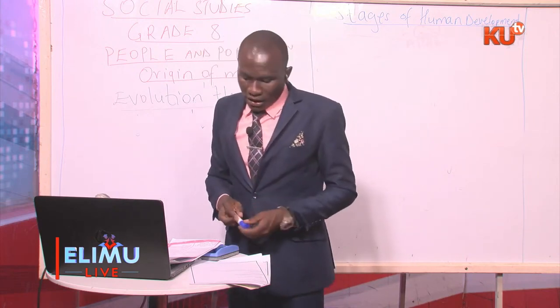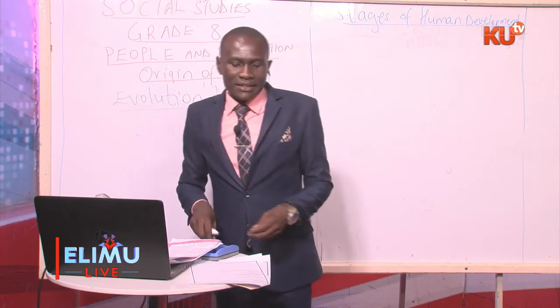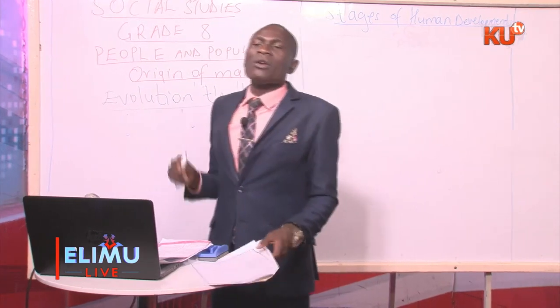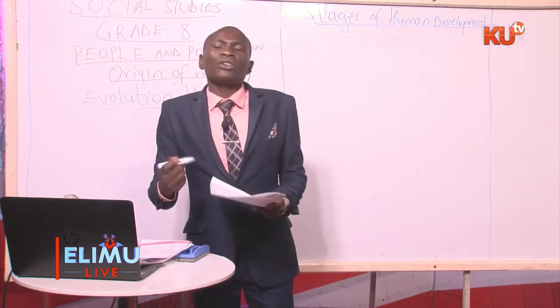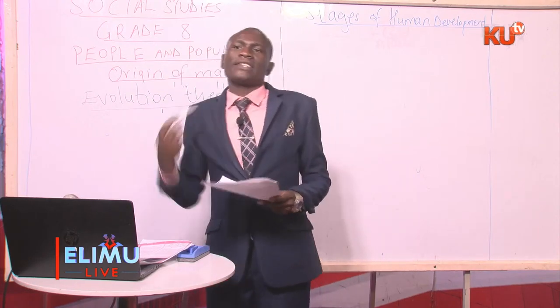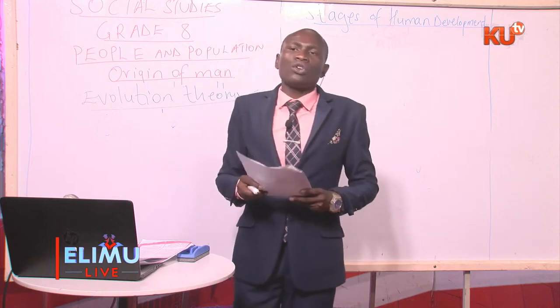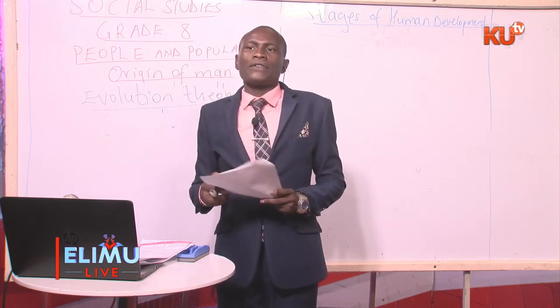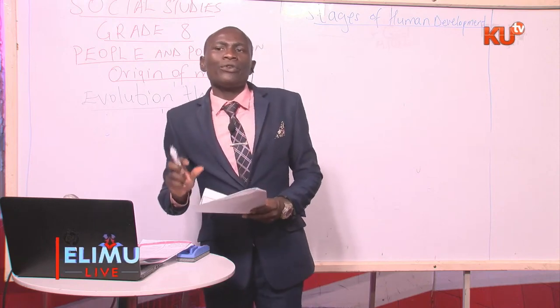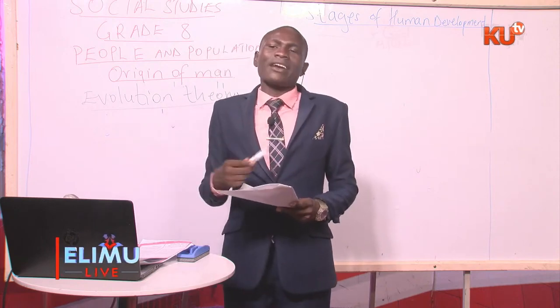Now, which are these stages of human origin that we are talking about? We have several stages that we are going to write on the blackboard, and then we'll be mentioning characteristics of each stage, because it is important to know the difference between one stage and another.